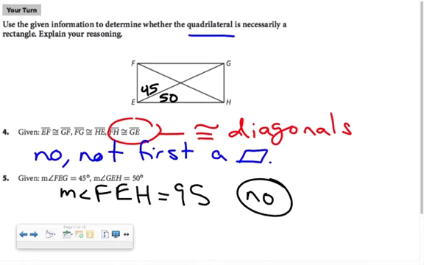And let me amend my answer to number 4 to say not necessarily. Because it could be, but they really just didn't give us enough information. As opposed to in number 5, this is a very much no. They gave us enough information to conclude that it is definitely not a rectangle.